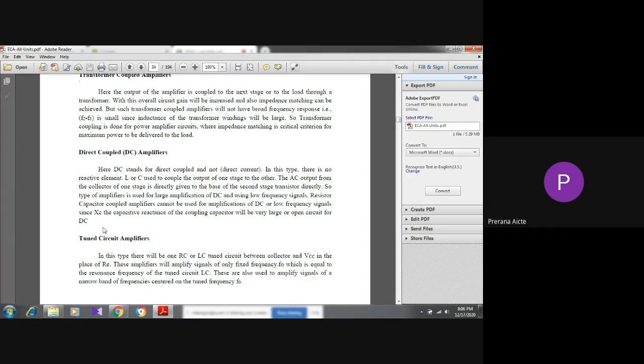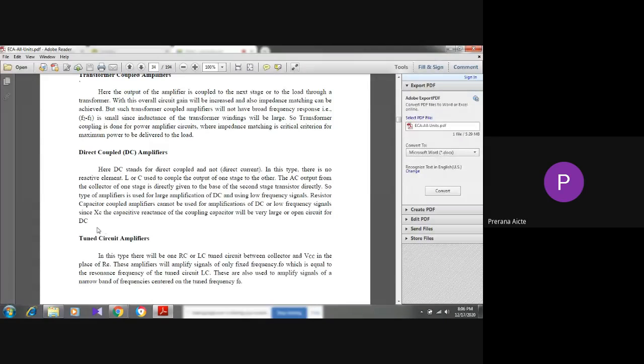Since Xc, the capacitive reactance of the coupling capacitor, will be very large, or an open circuit, for DC. If you take a DC signal, the capacitive reactance will be very high. That means it acts like an open circuit, because the capacitor allows only AC signals and does not allow DC signals. So for DC, the capacitor acts as an open circuit. That is the reason.